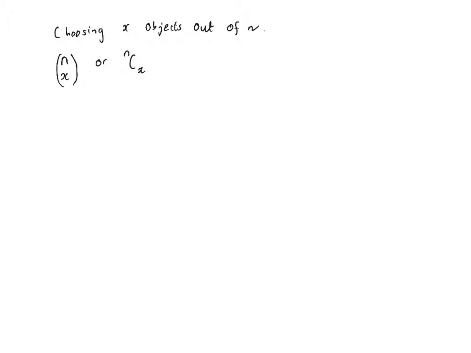And I prefer the first version here. Now it can be shown that the number of ways of choosing x objects out of n is n factorial divided by x factorial times n minus x factorial. We aren't going to discuss this result in detail today, but you might like to think about this in the light of what we see later.